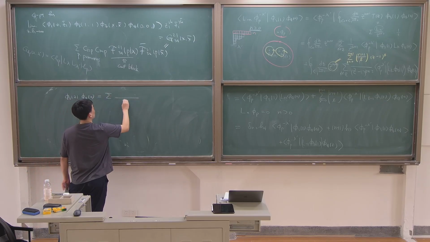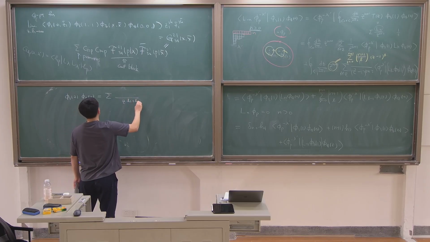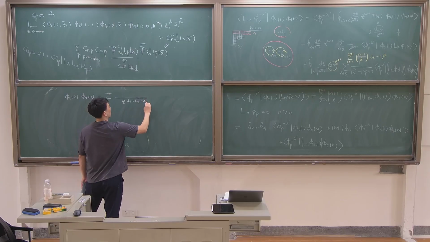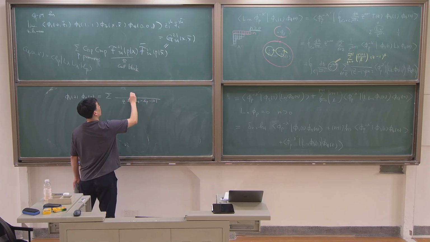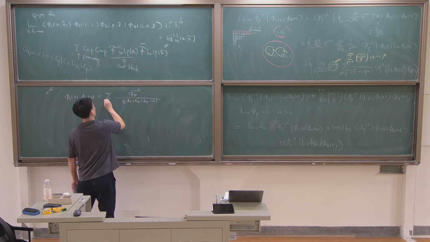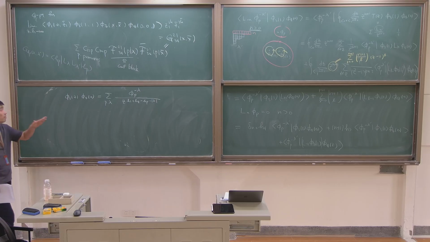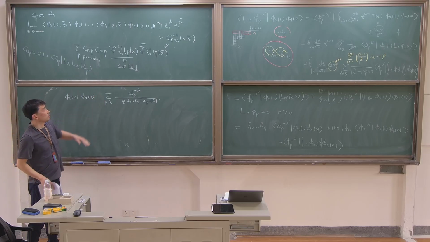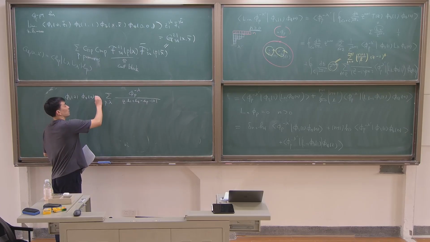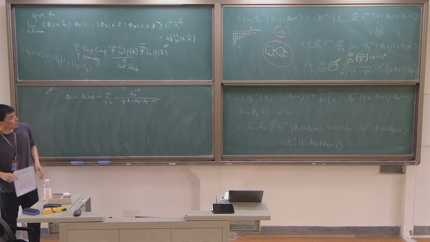What you get is Z to the power H_P minus H3 minus H4, and then here you have a phi P. So that's the operator product expansion for primary fields.